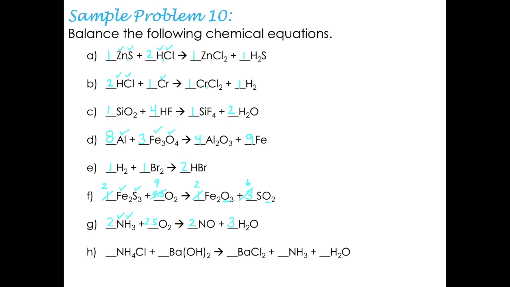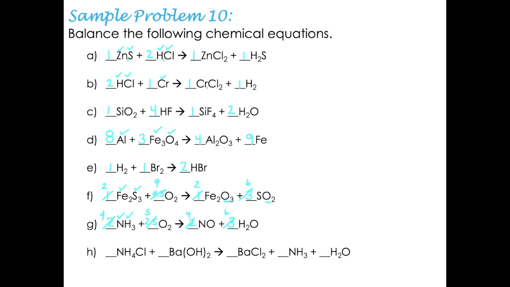When you get a half of a molecule, because that can't exist, take everything and multiply it by 2. So double it all. 2 times 2 is 4. 2 and a half times 2 is 5. 2 times 2 is 4. And 3 times 2 is 6. That's an easy hack, I'll say, in order to get everything to be a whole number.